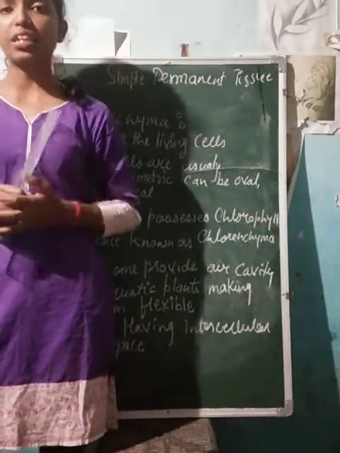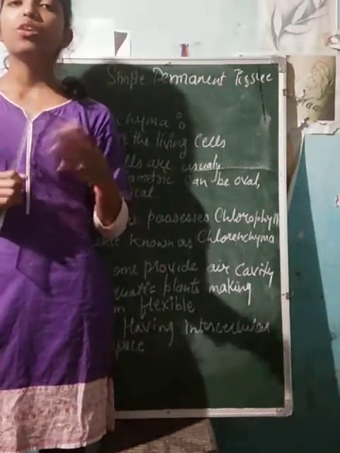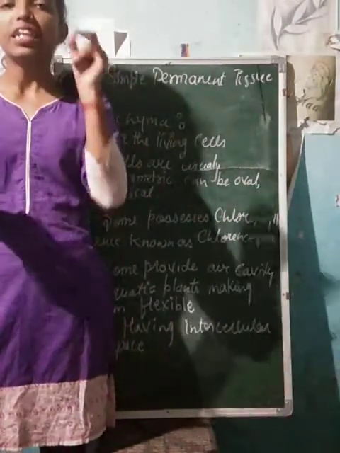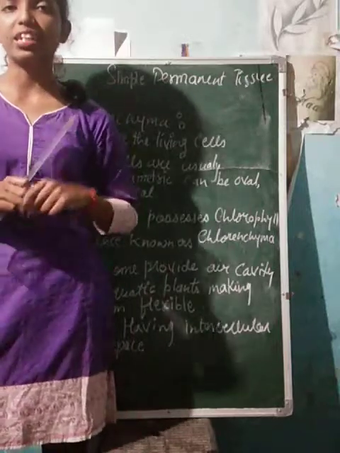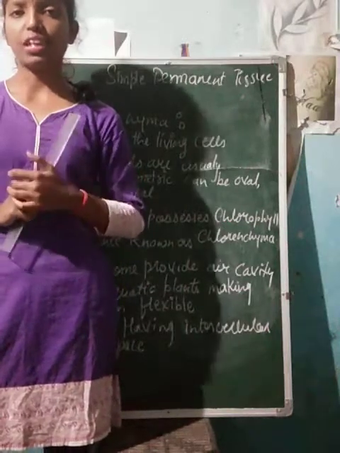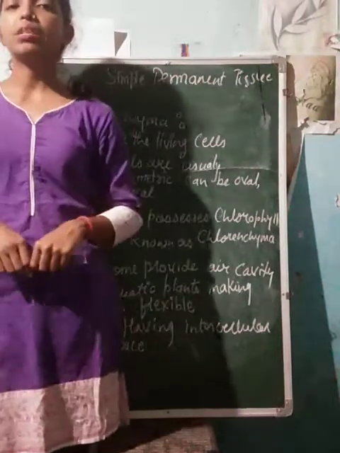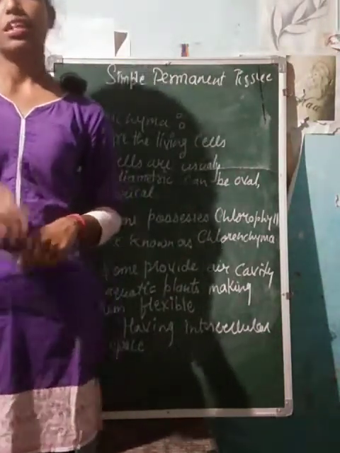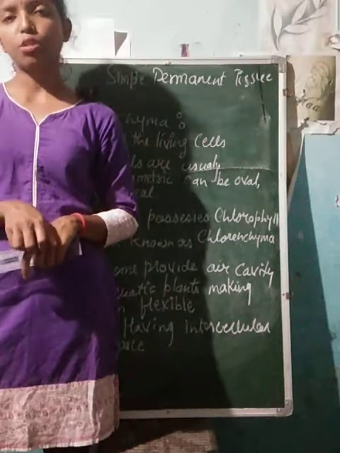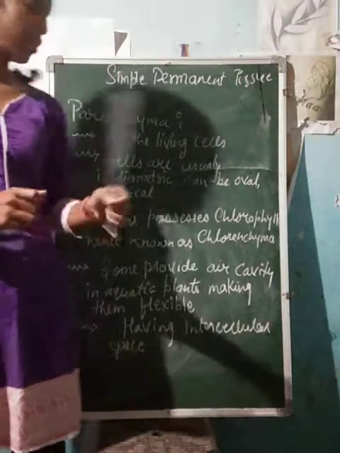This is because the cells in those tissues are arranged at a distance apart, therefore the stem of the lotus plant or any aquatic plant possesses pores. Its arrangement leaves out the cavity. Hence that particular type of parenchyma is known as aerenchyma. Since it provides air cavities, it is known as aerenchyma.